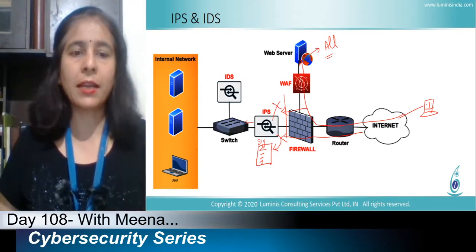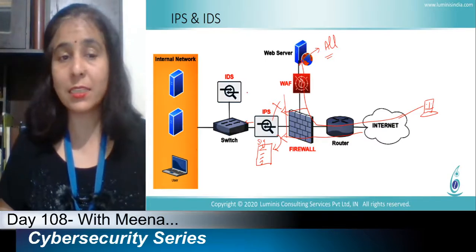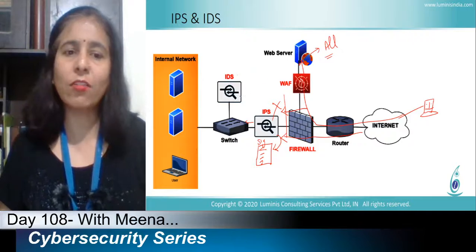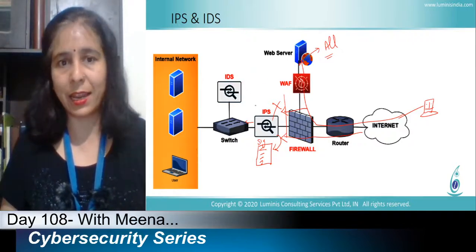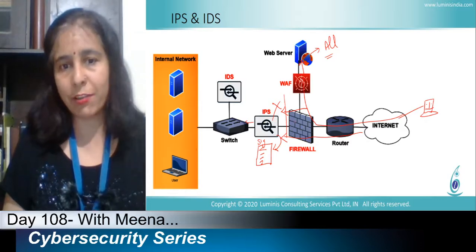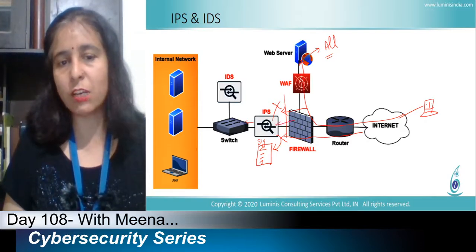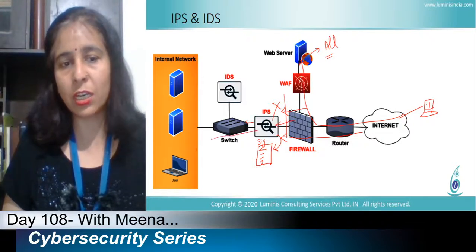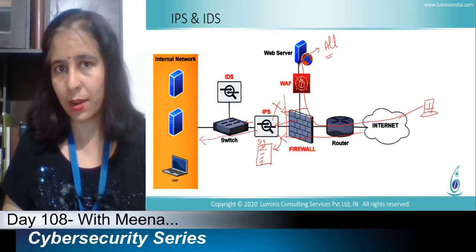Clear? And what is the role of the IDS, the Intrusion Detection System? Generally we don't place IDS inline, while we place IPS inline, meaning whatever traffic passes through is first checked by it, and then it gives entry inside the network. Understand?